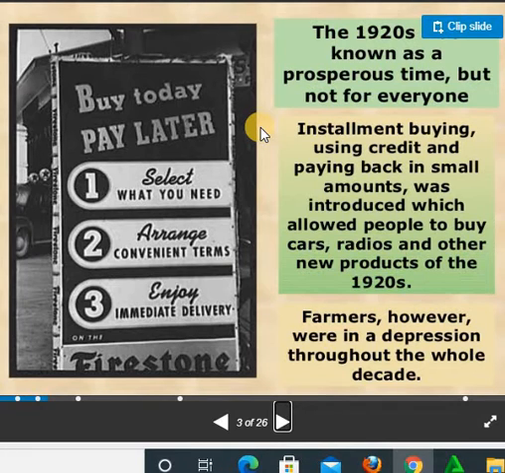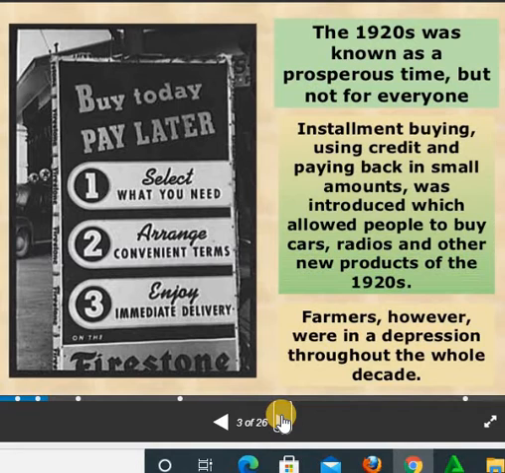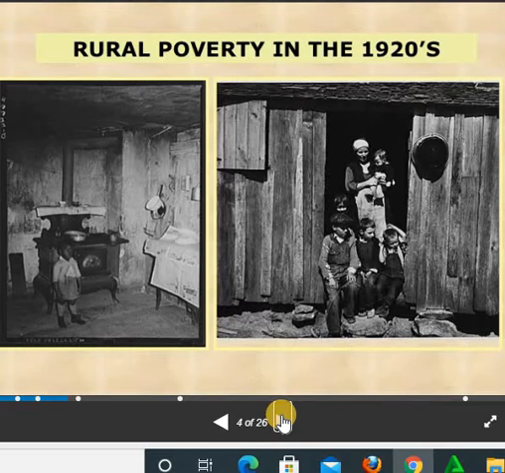They bought these goods using the credit system, whereby they could get these goods on credit and pay back in small amounts over long periods of time. However, farmers in America did not experience this, as they were in a depression throughout this whole period.